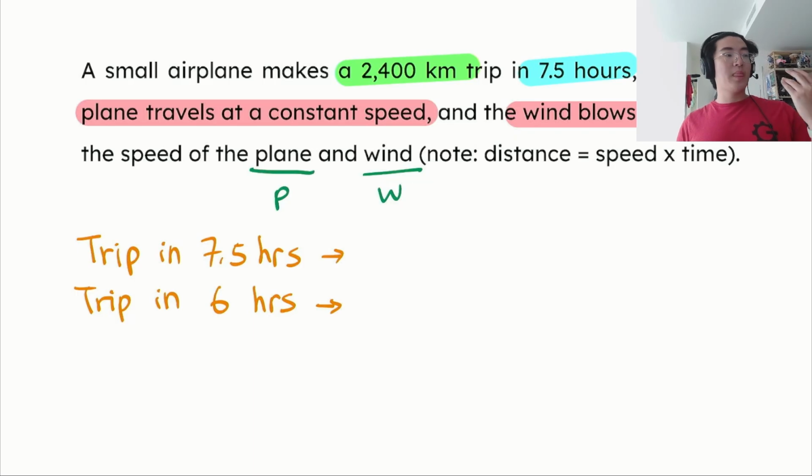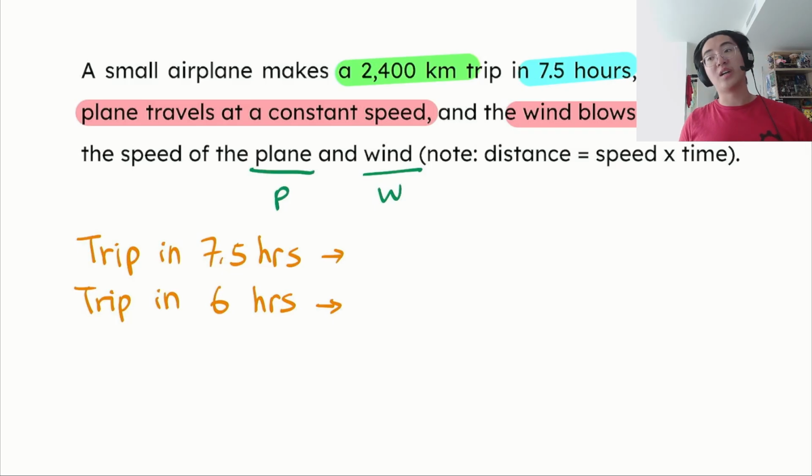Because if the plane is going with the wind, then it's flying faster. The plane itself is still the same speed, but the wind is essentially carrying the plane faster through the air, because the wind is behind the plane, blowing it forward. In contrast, the trip in 7.5 hours is slower because the wind is pushing against the plane.